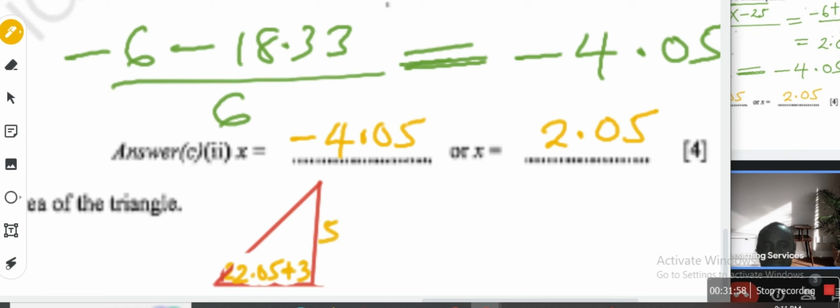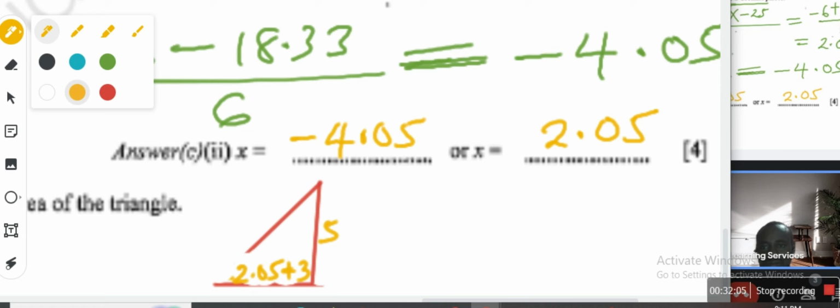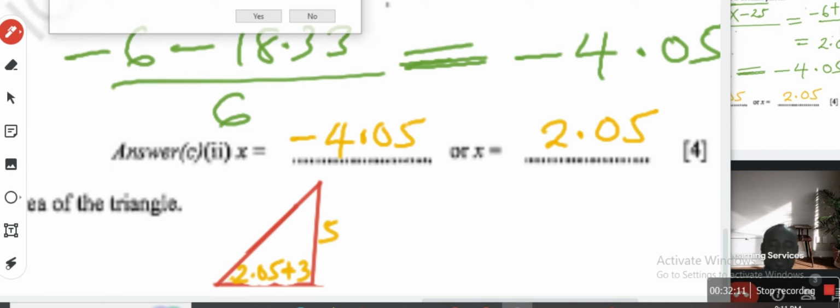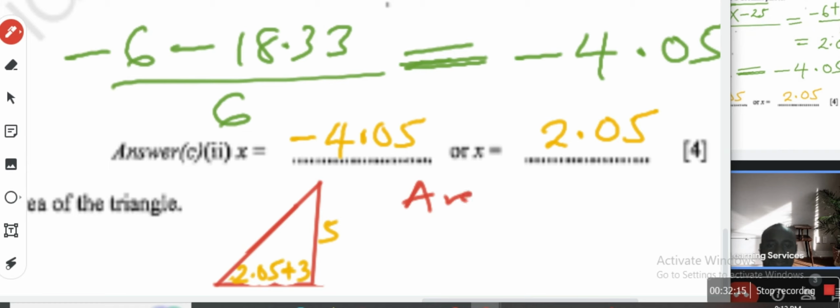This is 5. All right, so applying the formula, area is equal to.